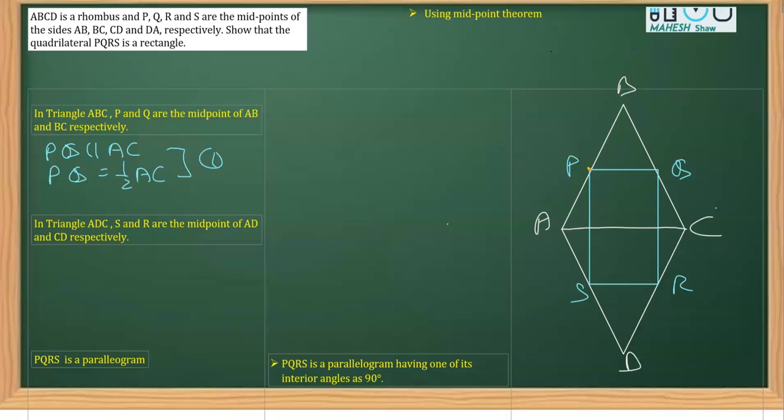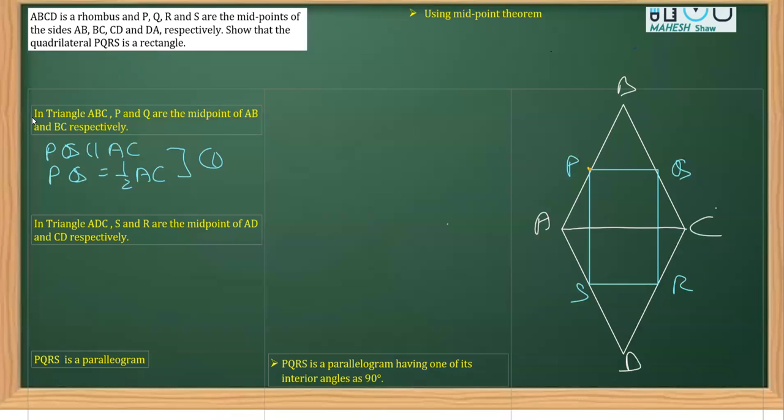Now, once we are done with this, we will consider the other triangle, say this one, triangle ADC. Over here also, you can see that S is the midpoint of AD and R is the midpoint of DC. Therefore, SR is parallel to AC and the length of SR will be half of AC.